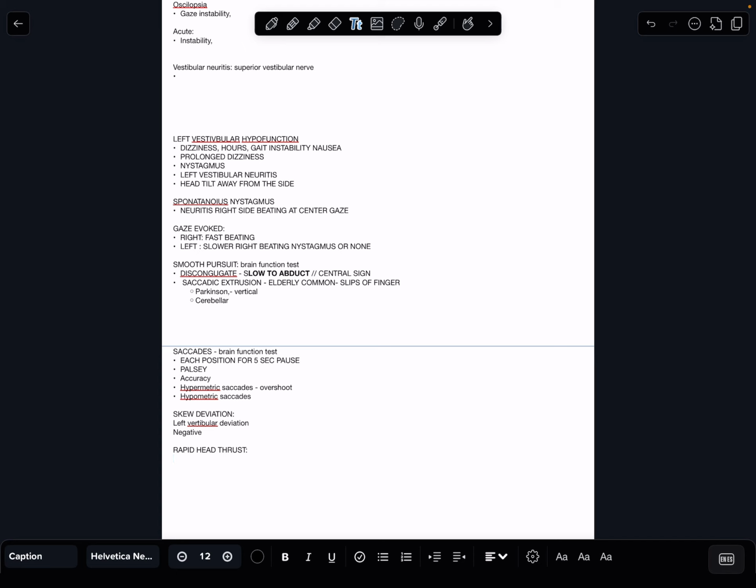Negative. Correct. The right side's fine, even though their nystagmus is beating to the right. You take their head to the left, which is testing the left vestibular ocular reflex, because you're going towards that side. What would you expect, positive or negative? Positive. Good. Left neuritis patient, positive head impulse test on the left, right beating nystagmus.